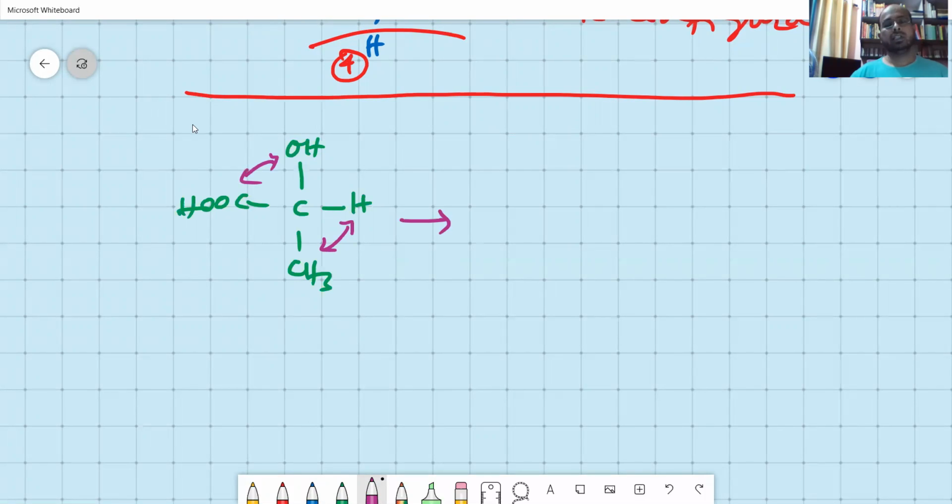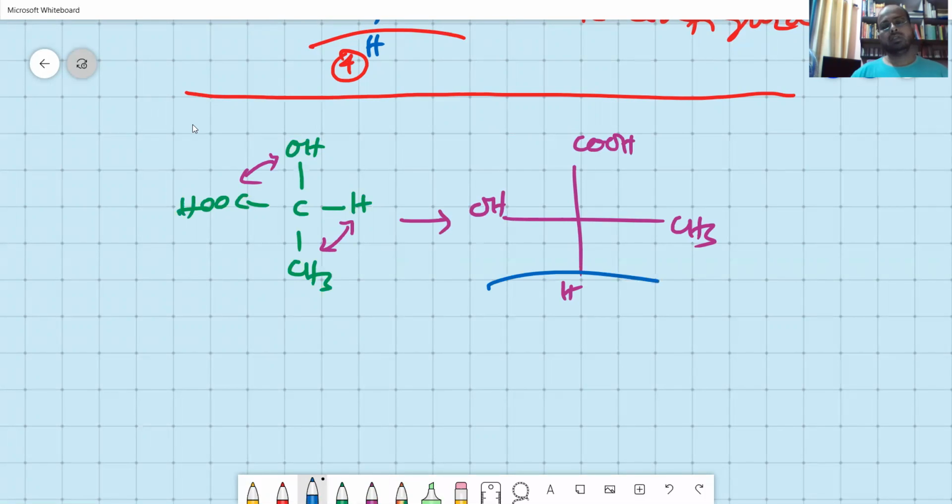So you'll get a structure like this. Hydrogen at the bottom, CH3 comes there, COOH goes there, OH comes here, and this is the last priority, so it goes to the bottom. First priority because oxygen 8, here carbon 6. So when both the carbon atoms are similar, go to the next atom.